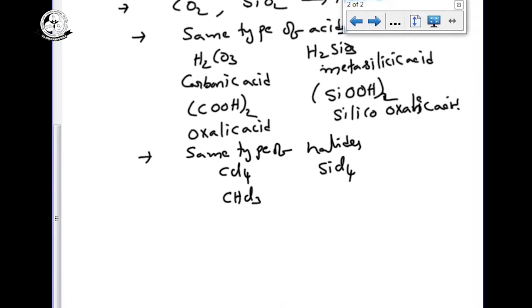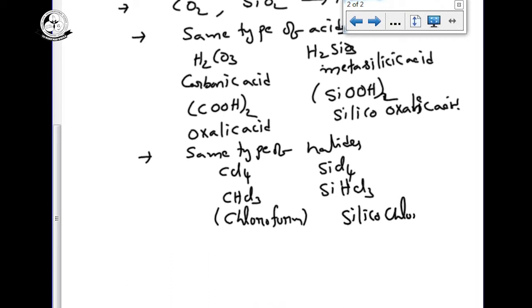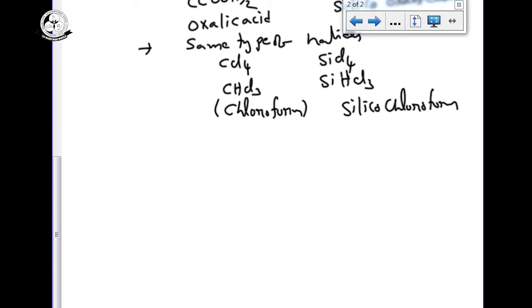CHCl3 we know is chloroform, and SiHCl3 is called silicochloroform. So both can show the same type of halides also. These are some of the similarities between carbon and silicon.